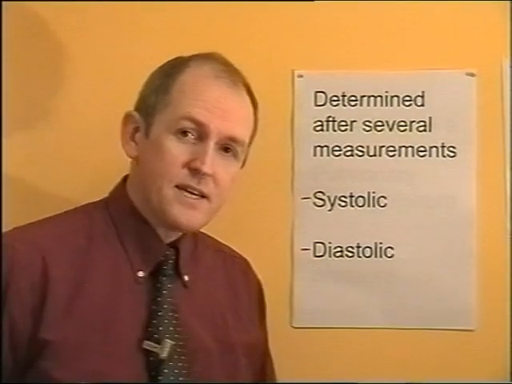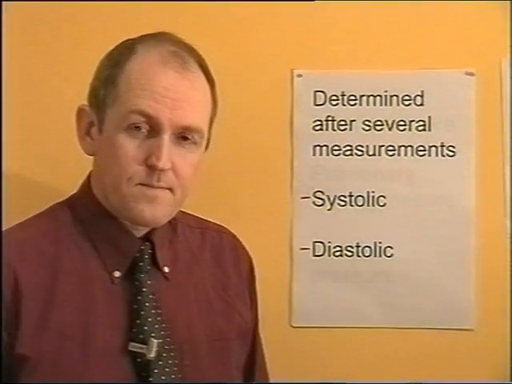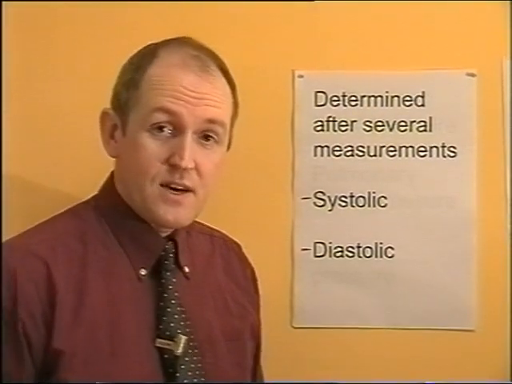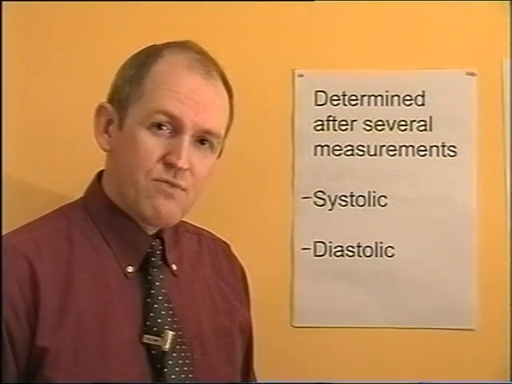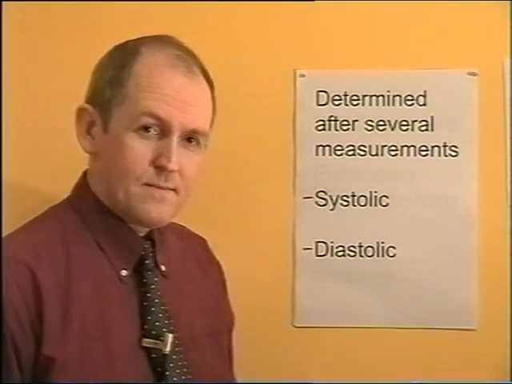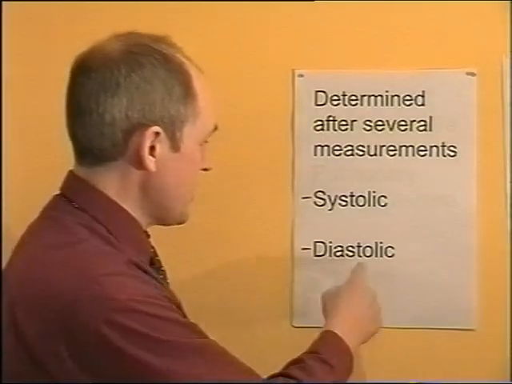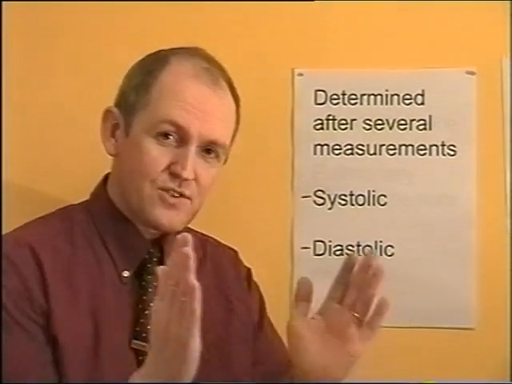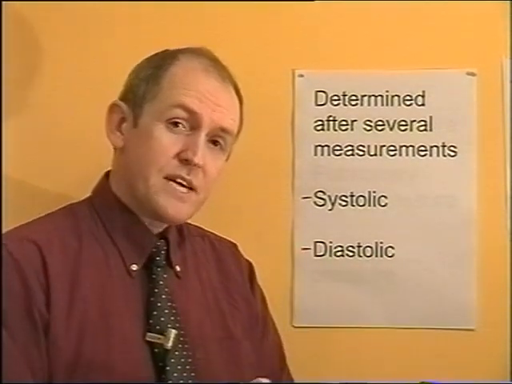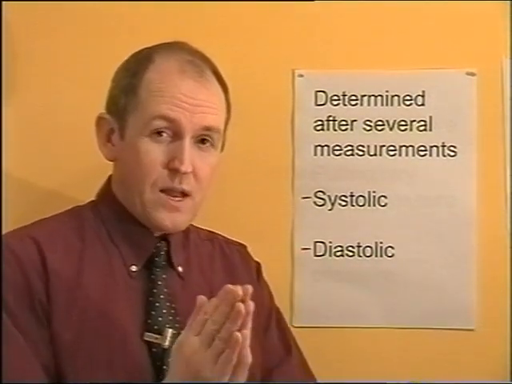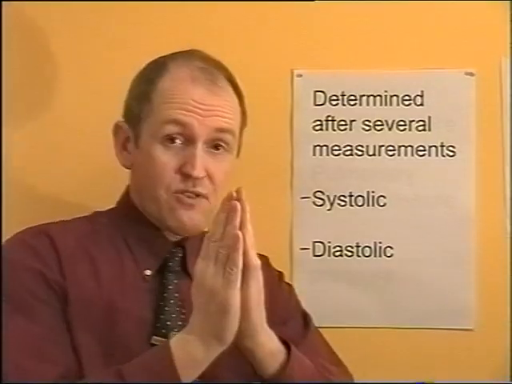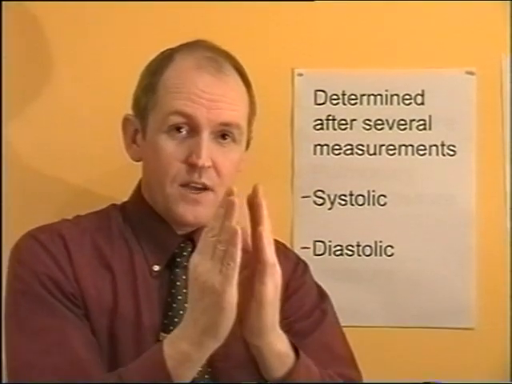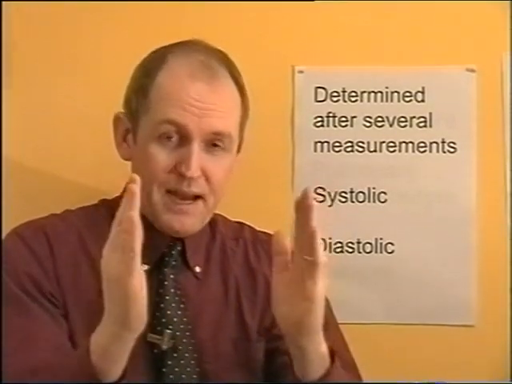The second reading is the diastolic reading. Now, the diastolic blood pressure is the pressure in the arterial system when the heart is relaxing. And of course it's lower than the systolic reading because the heart is not actually contracting. But the blood pressure is actually maintained fairly well, because when the heart beats, when it contracts, the blood's pumped into the arterial system and the arteries will expand.